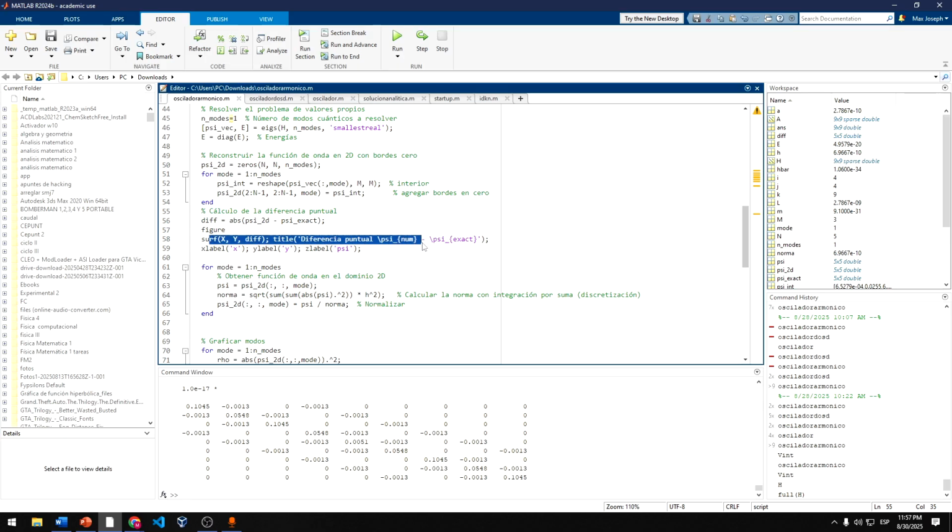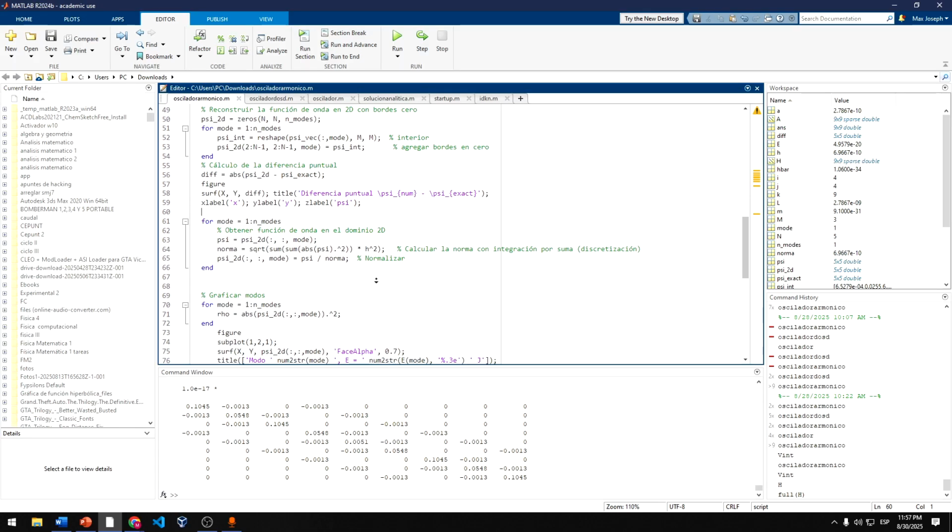Entonces podemos graficar eso. Esto nos permite graficar el error de la solución numérica con la solución exacta. Y estos solo son las etiquetas o leyendas de los ejes.